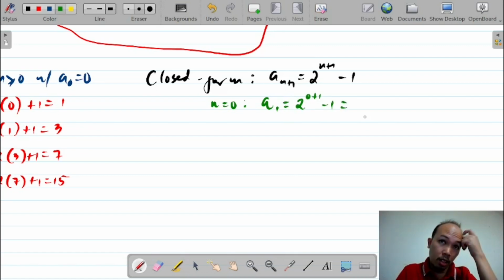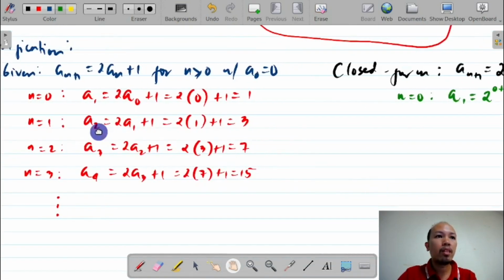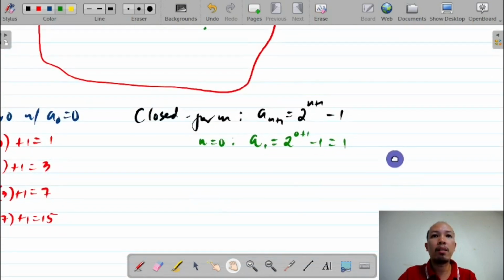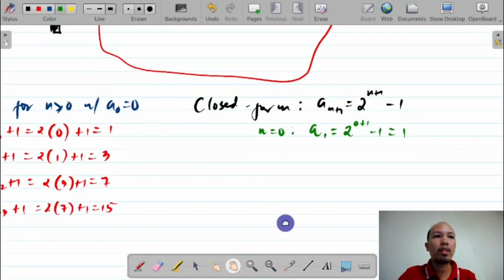So this is 1. 2 to the 0 plus 1 is 1, 2 to the 1 is 2, minus 1 is 1. So for a sub 1, we have 1, the same as this one here. A sub 0 is just given, which is this one here. A sub 0 is equal to 0.